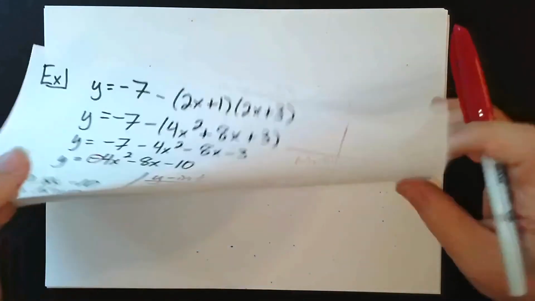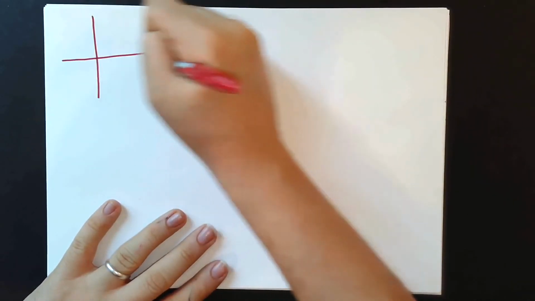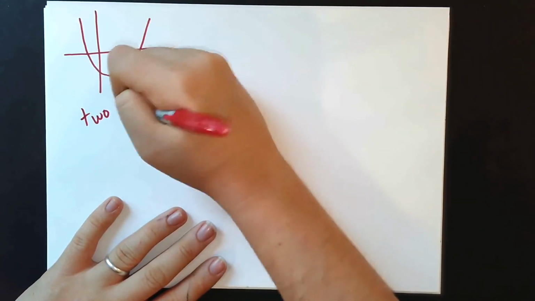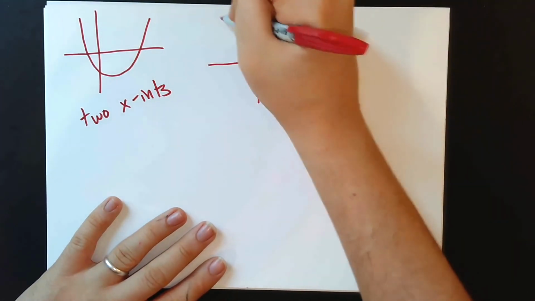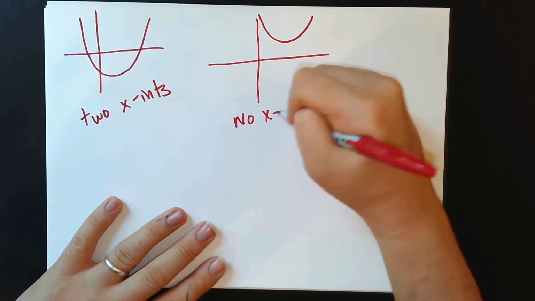And so, if you want to imagine what these three things look like, I can draw you pictures. Here's a parabola with two x-intercepts. Here's a parabola with no x-intercepts.